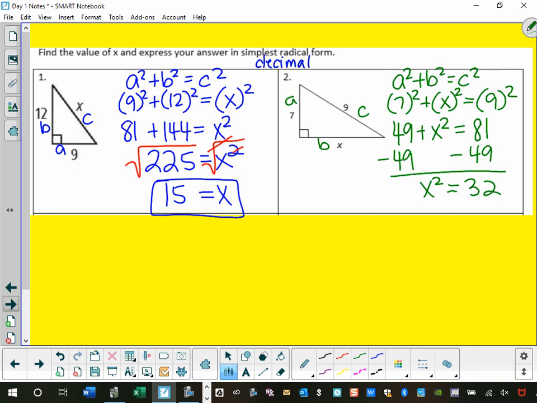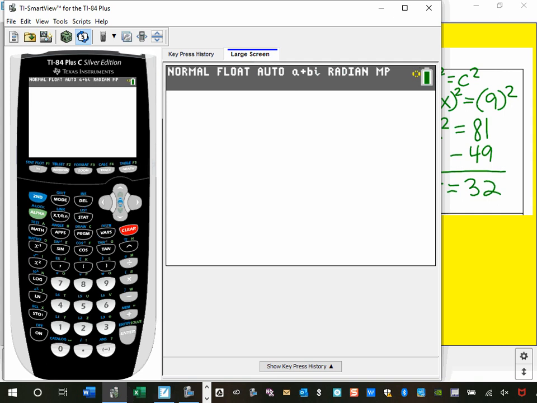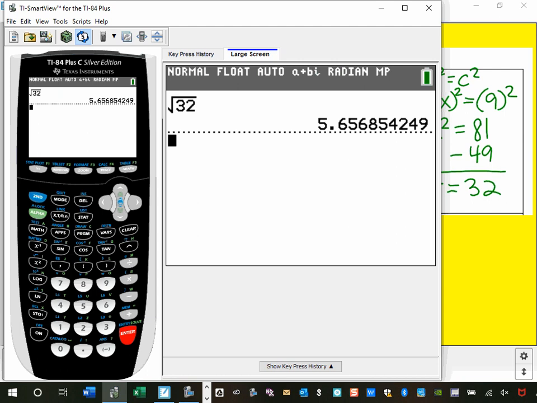Alright, so if I look at my calculator, we're going to take the square root of 32. If I take the square root of 32, look at that number. It's a decimal, right? Let's round it to the 10th spot, so just the first decimal.